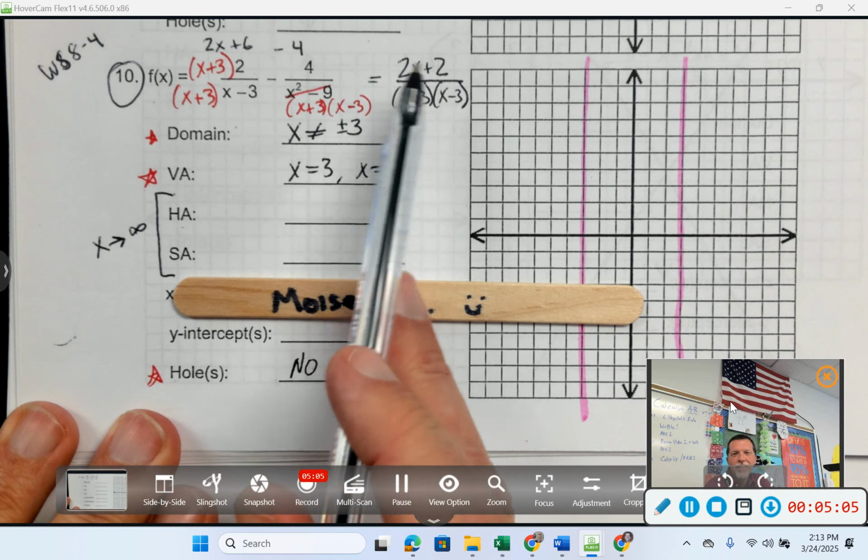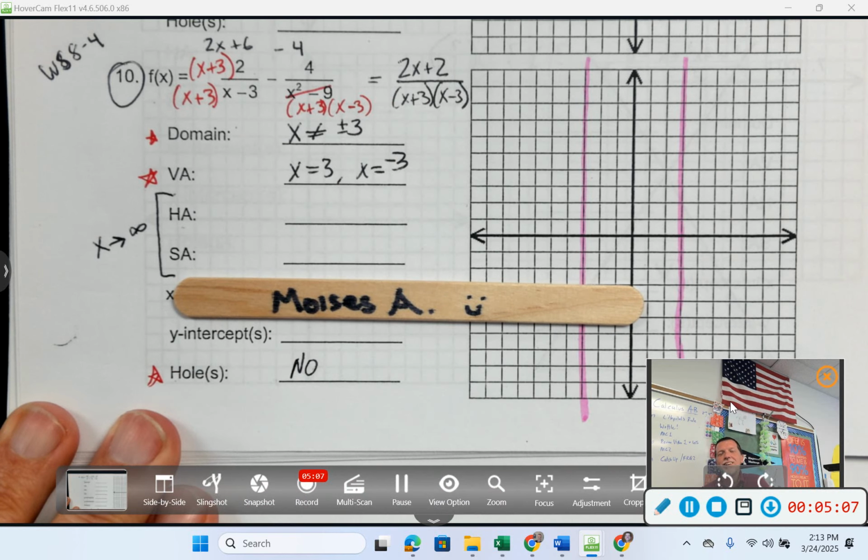Which one is this? Do you use the rhyme or do you try to plug in infinity? I need to know how to help you through this one. Or do you have any idea what I'm talking about?